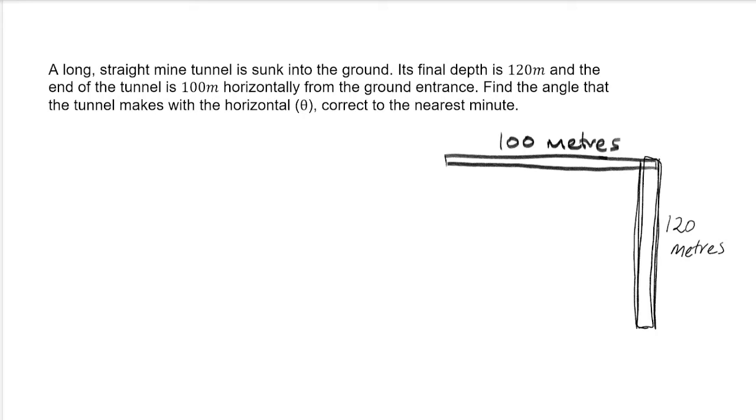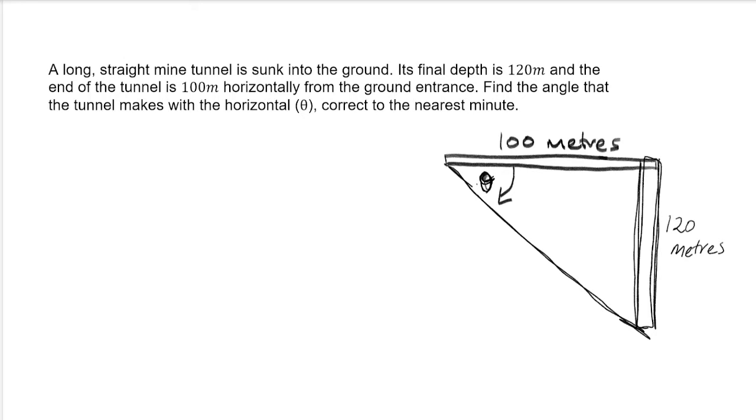Find the angle that the tunnel makes with the horizontal, theta, correct to the nearest minute. So we want to go down this way and find this angle. So there's theta in there.